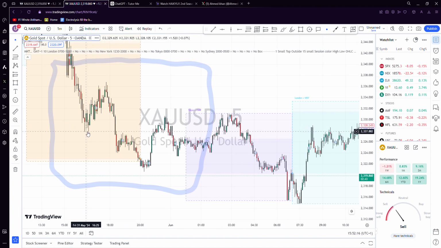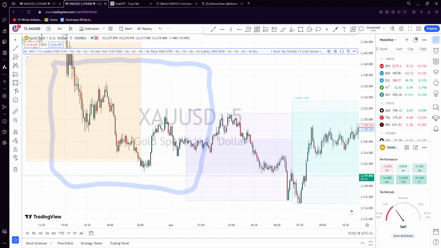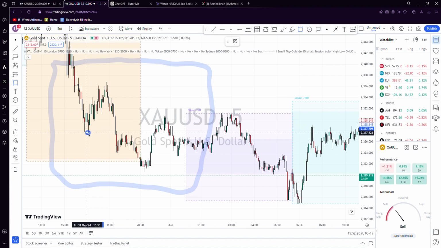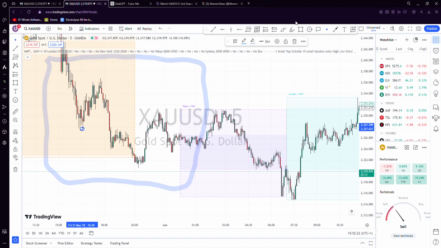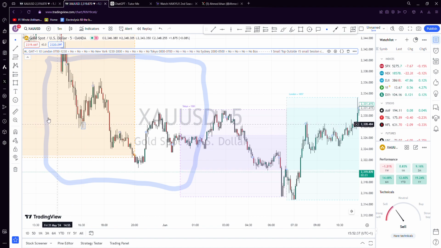So draw a box. So we got a low here. You drew it, but you didn't drag it out. Click it, then drag it.